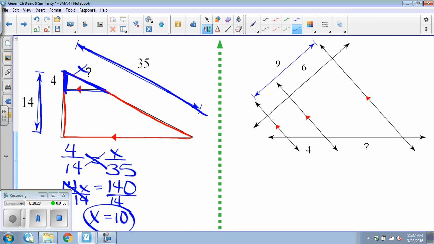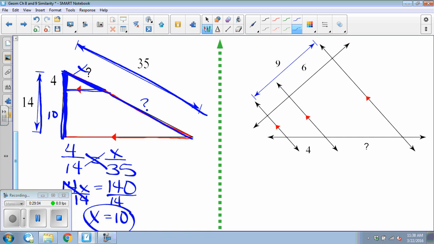What I want you to notice about this problem is if they wanted us to find, say, that piece, you could set up, if this is 4 and the whole thing's 14, what's this? Say if this is 10. So the corresponding parts are proportional. So you could set up 4 over 10 equals this over this.